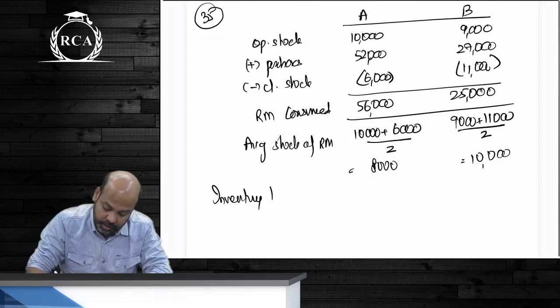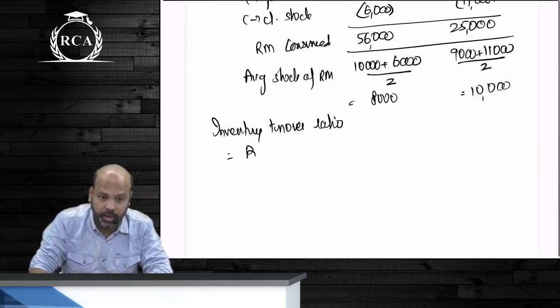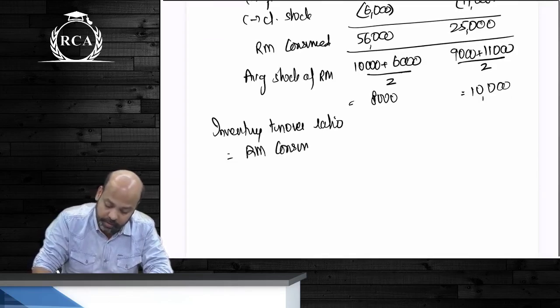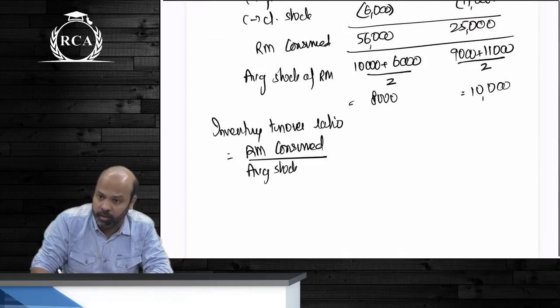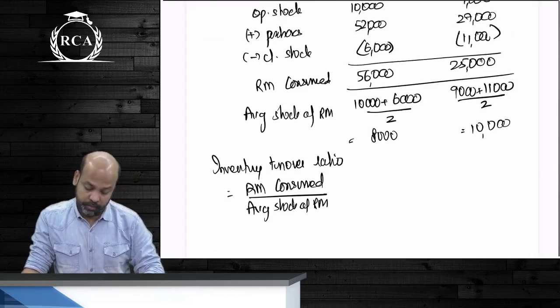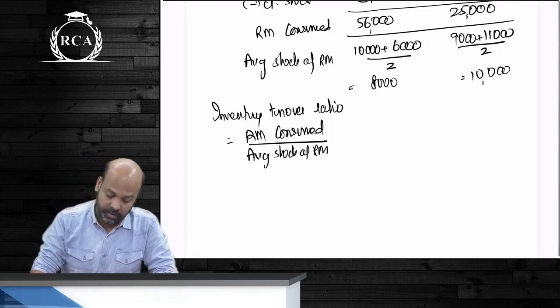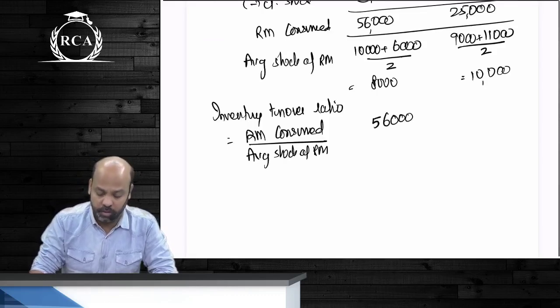Inventory turnover ratio is equal to your raw materials consumed divided by average stock of raw material. Raw materials consumed divided by average stock guys, so that'll be 56,000 divided by 8,000. हो गया स्नेहा तेरा.